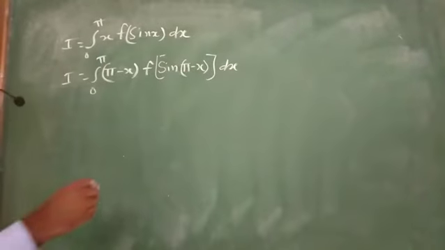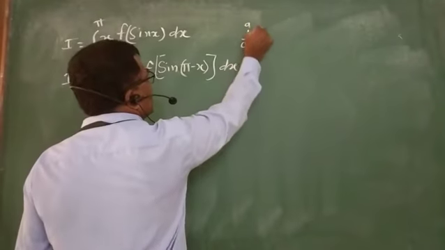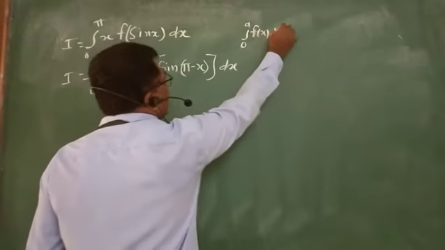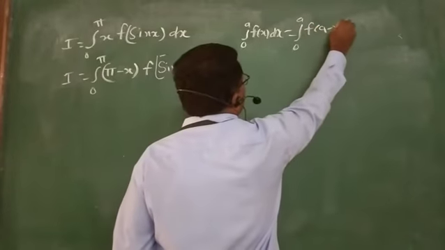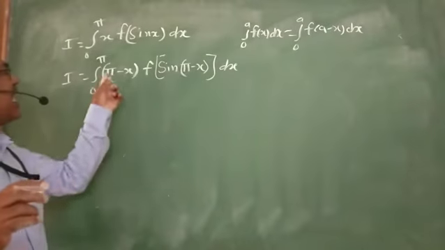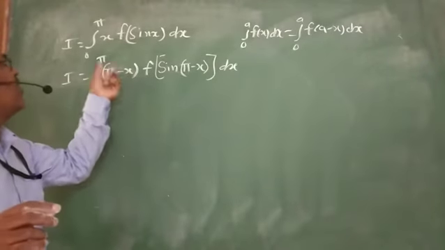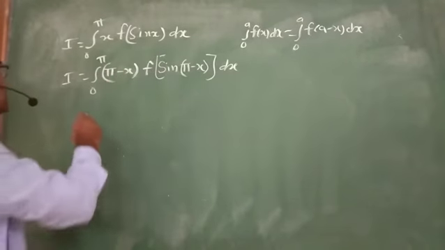We use property, that is integration 0 to a f of x dx equal to integration 0 to a f of a minus x. Replace the x by a minus x. What is a? Pi. A minus x dx.